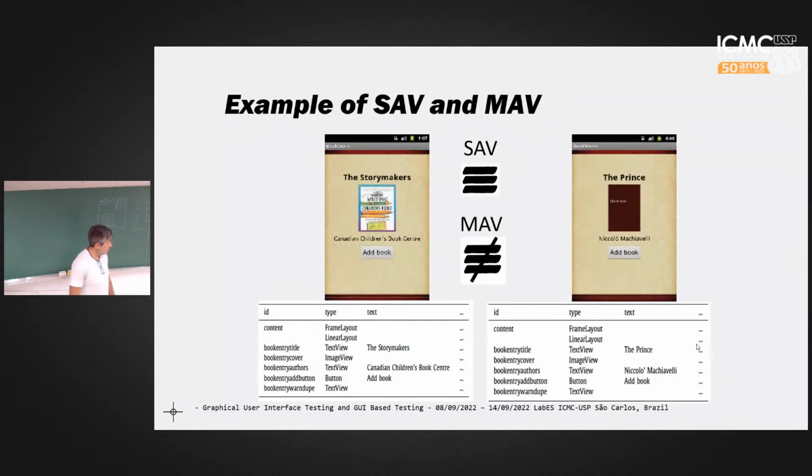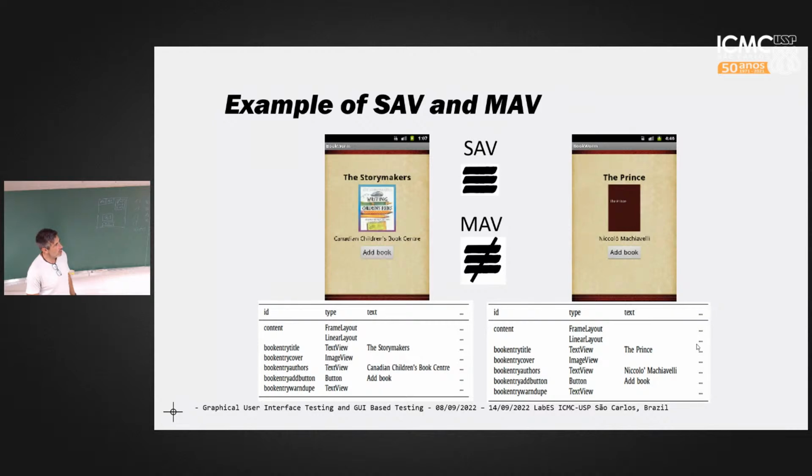Let's do an example. For SUB, these two GUIs are equivalent. Because, as an example, if I consider as attribute the type of the widgets, we have 1, 2, 3, 4 widgets of the same type. This is a label, and I have a label here. I have an image here, and I have an image here. I have a label here, and a label here.